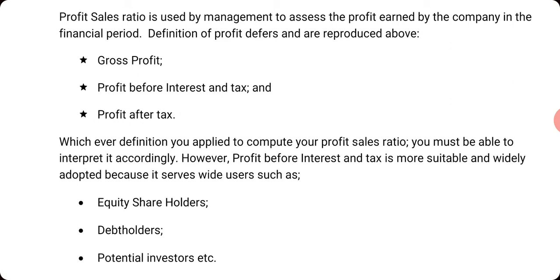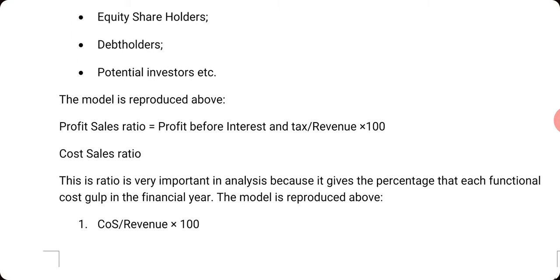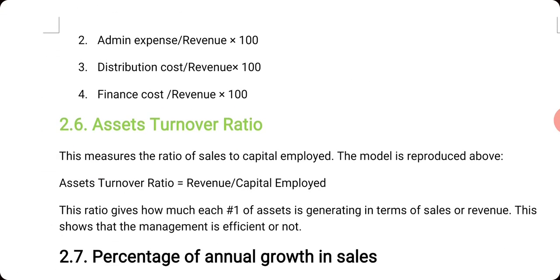Then after that, we have asset turnover ratio. Now, this asset turnover ratio is simply revenue divided by capital employed.